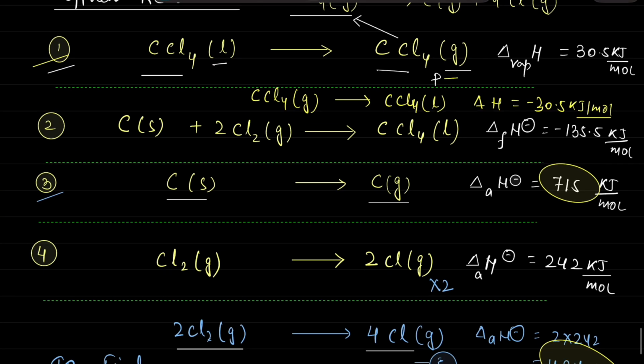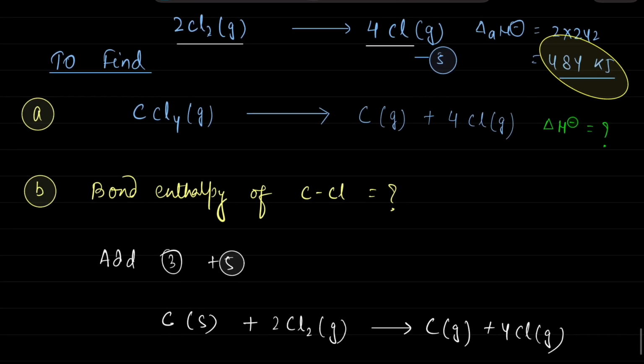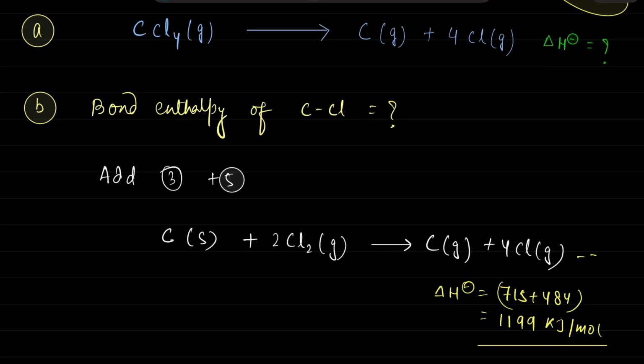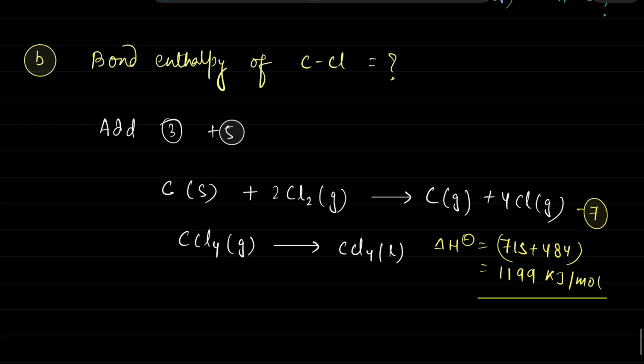So let's add this; we can consider the sum as reaction number 6. This will be added with this reaction, which we consider as 7. CCl4 in the gaseous state will be converted to CCl4 in the liquid state, and here the change in enthalpy is equal to minus 30.5 kilojoule per mole.